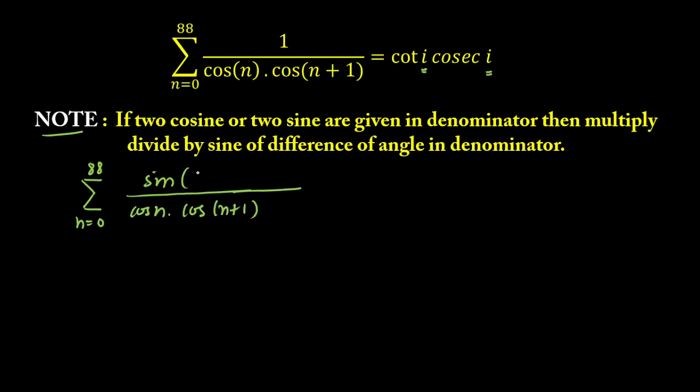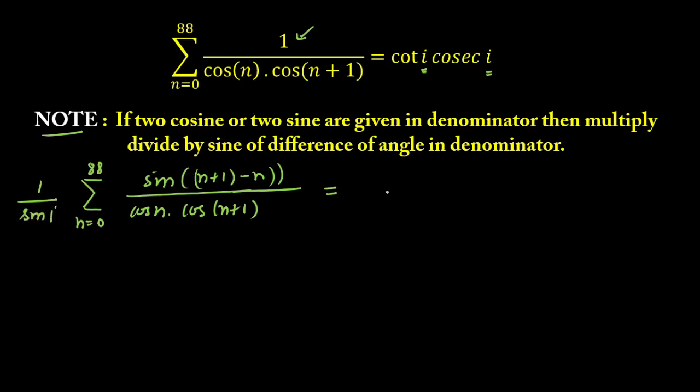One of the angles is n plus 1, so I'll write n plus 1 minus the other angle, n. If you subtract, you get sine of 1 degree, since the remaining difference of the angle is 1 degree. But earlier we had 1 here, so to generate 1 again, I'll divide by sine of 1 degree.